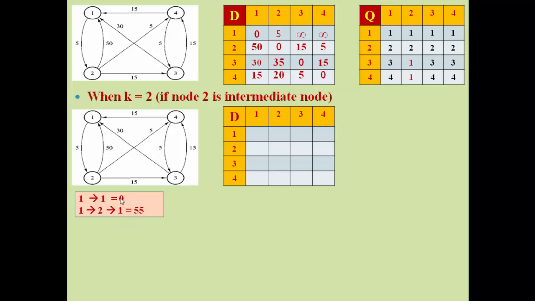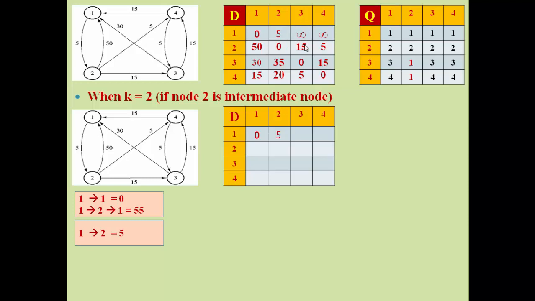Among this 55 and 0, 0 is minimum, so we have to fill 0 here. Now to reach from 1 to 2, we have a direct path 1 to 2, and our answer is 5, and 2 is our intermediate node, so the direct path 1 to 2 is the answer, and we have to fill 5 here.